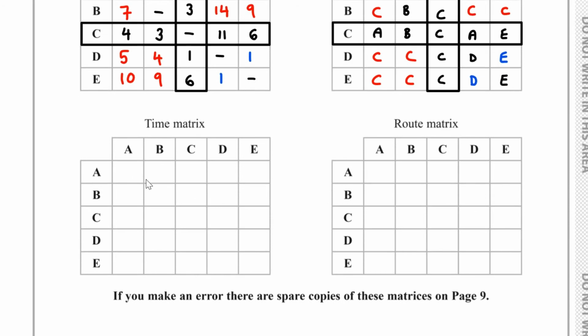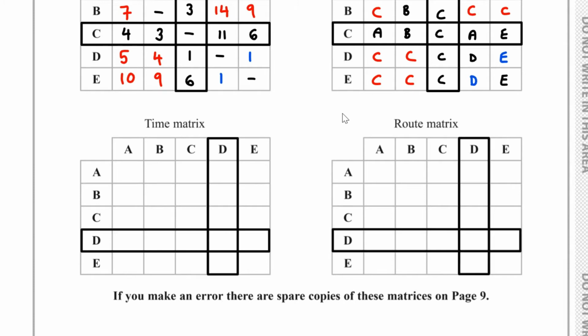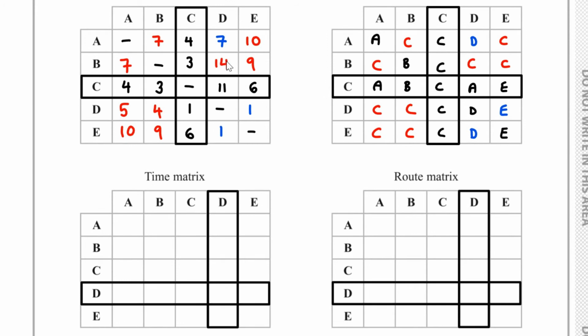Now with the fourth iteration, we'd have to consider the D column and the D row. So now we are considering the D column and the D row. So these elements remain the same.